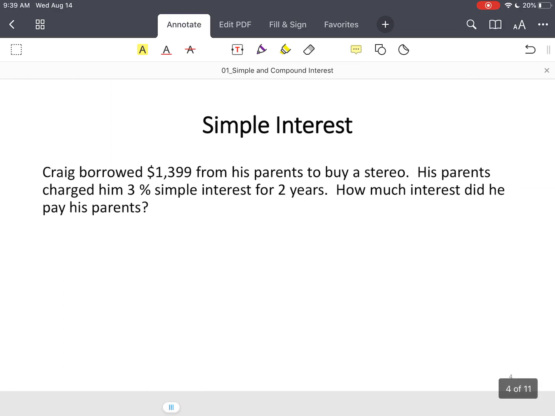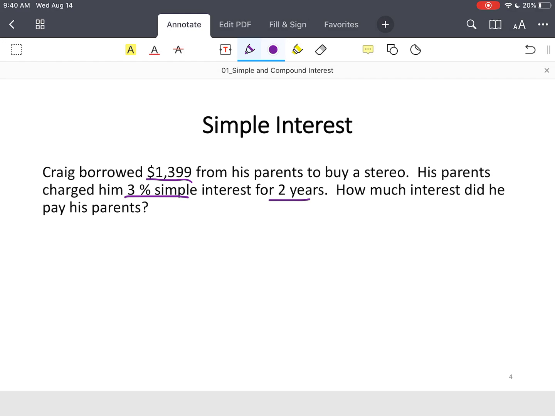All right, example number 2. Craig borrows $1,399 from his parents to buy a stereo. His parents charge him 3% simple interest for 2 years. How much interest did he pay his parents? Again, identify your parts. The amount borrowed, $1,399. Interest rate, 3%, time, 2 years. We're going to write our formula.